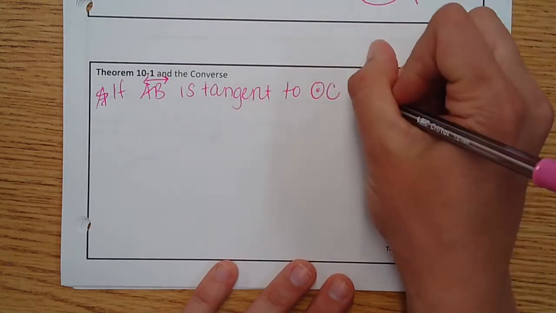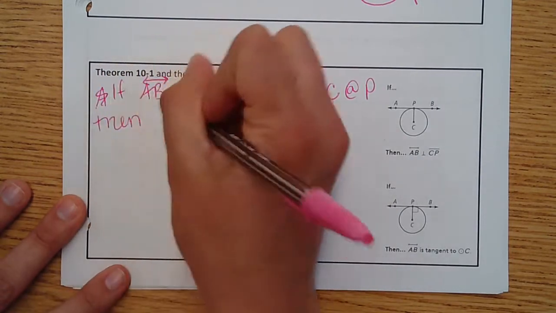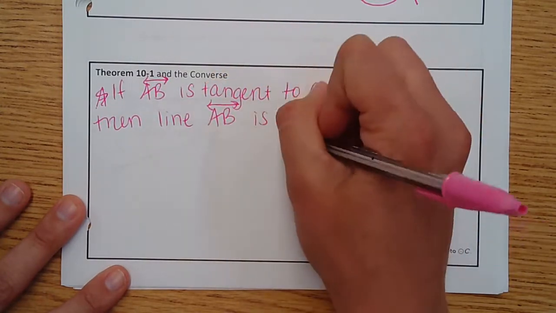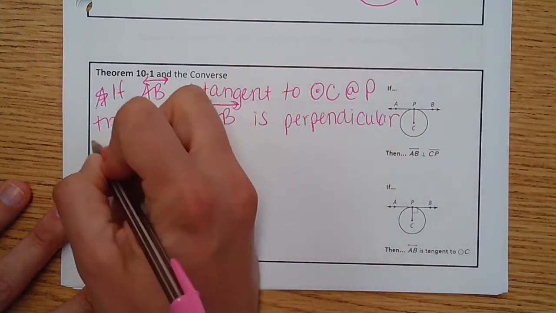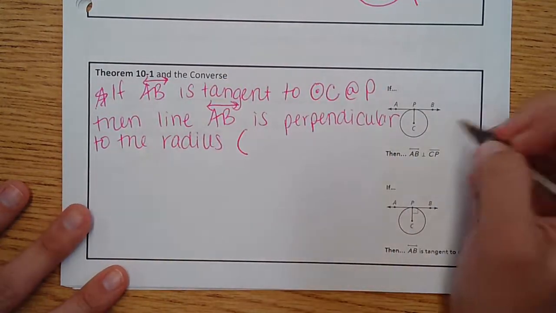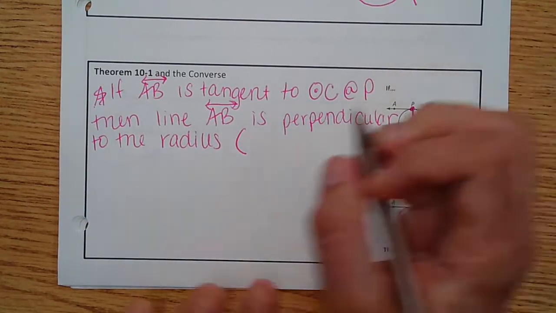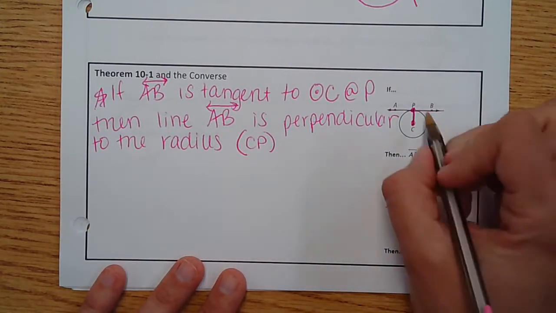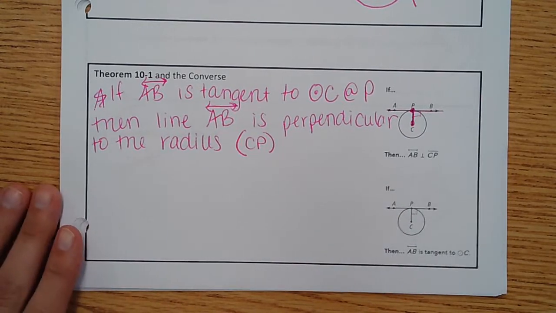So it's tangent to circle C at point P. Then line AB is perpendicular to the radius. So if we're using this picture here, P, the point of tangency, the radius is CP. So if AB is a tangent line, we know that it is going to intersect the radius at 90 degrees. And then vice versa.